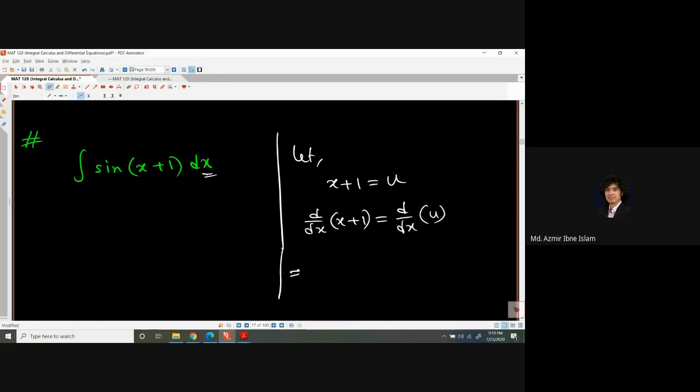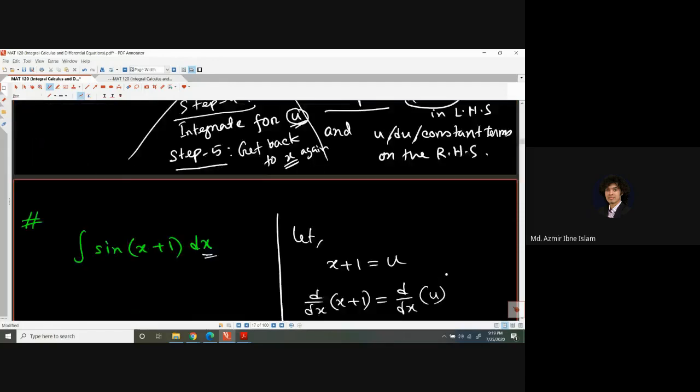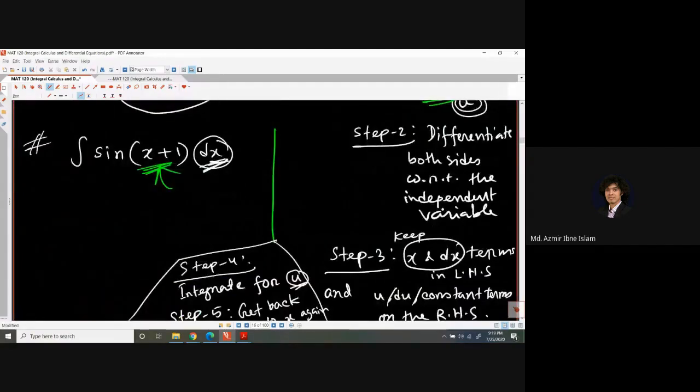Here the derivative of x with respect to x is 1. The derivative of 1, that means any constant, is 0. And here d/dx of u is actually du/dx. So finally we can write 1 equal to du/dx. So step 2 is also completed.